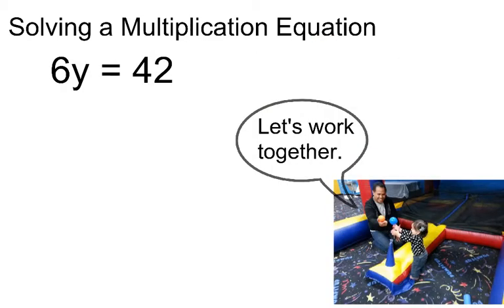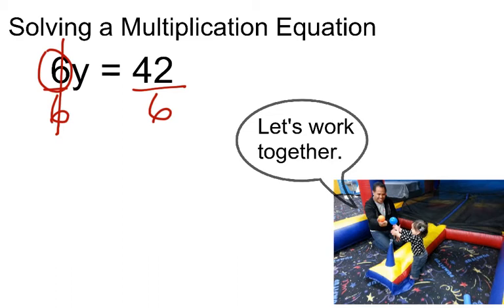Let's look at another example. We have 6y equals 42, which again means 6 times y equals 42. We want to isolate the y, so that means we're going to divide both sides by 6 so that the y will be by itself. So we divide 6 by 6, which of course gives us 1.